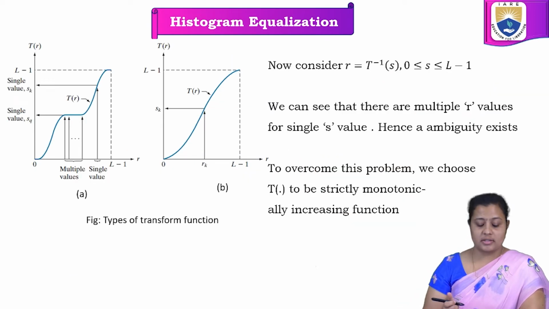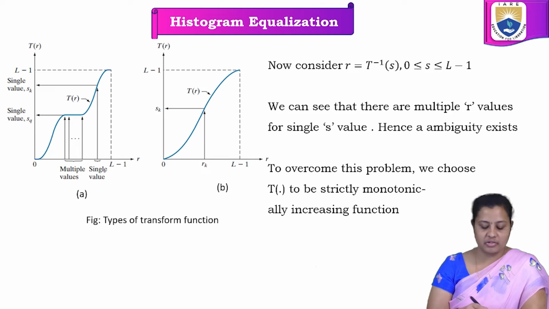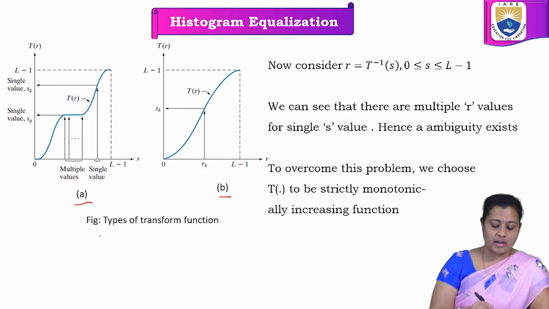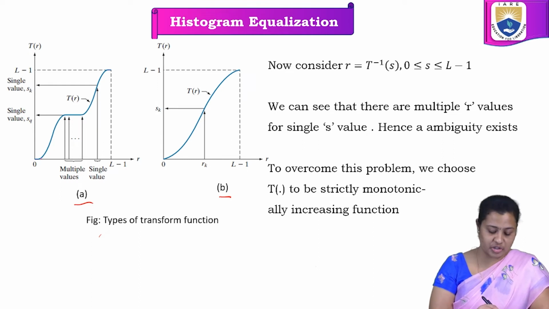There are two cases where the function can be monotonically increasing, and they can be represented as shown here, in the A and B parts of my figure. So let's consider if my transform function is monotonically increasing as shown in the A part.